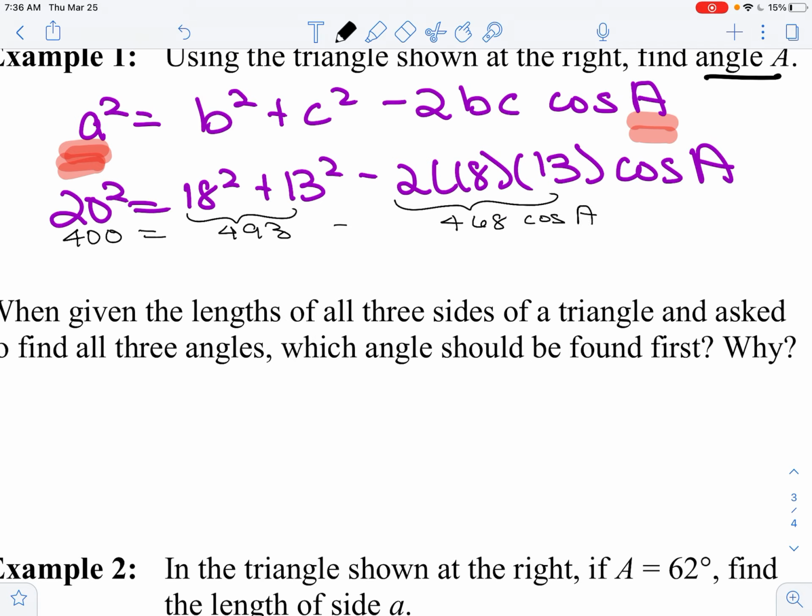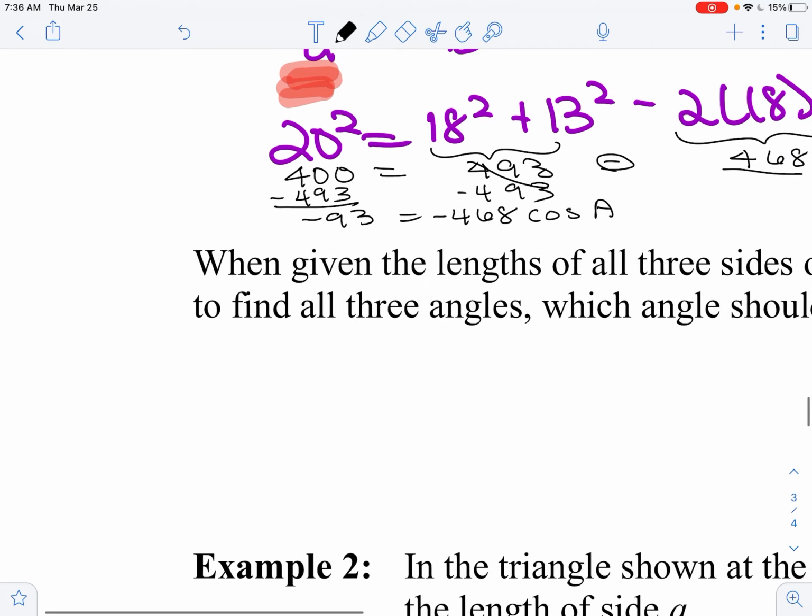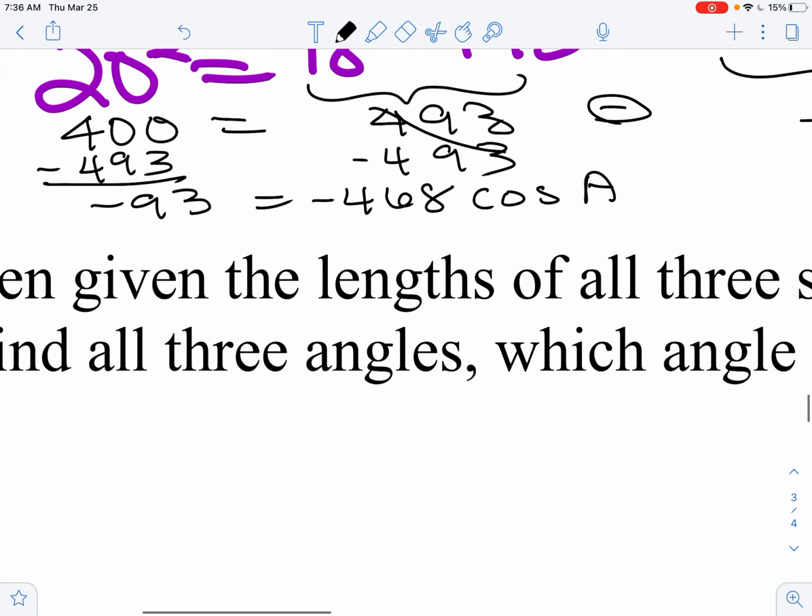Remember, we want to get A by itself, which means we have to move stuff away from it. So we're going to subtract the 493, and we get negative 93. Don't worry that it's negative. And this stays negative 468 cosine of A. To get cosine A by itself, we're going to divide by negative 468.